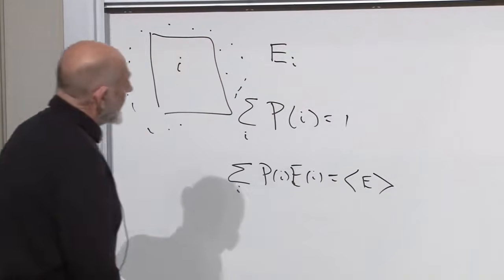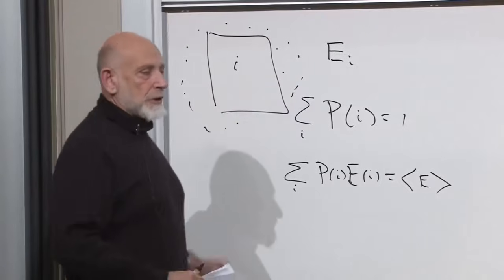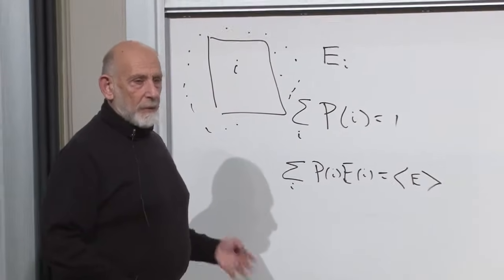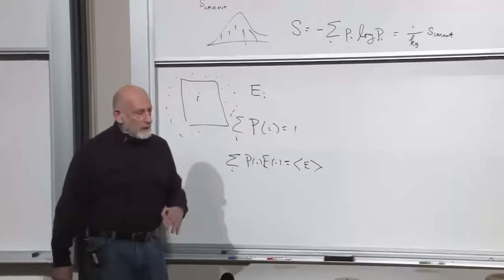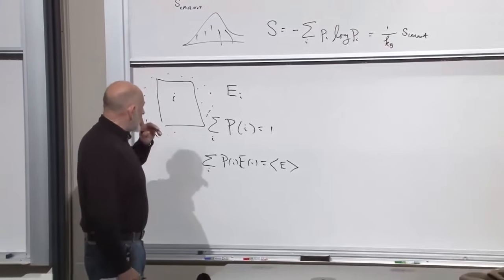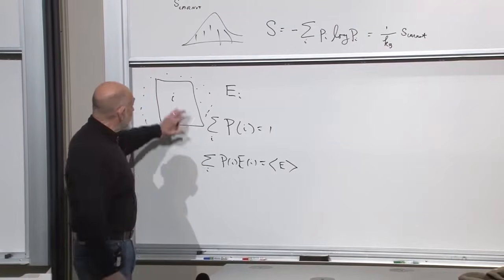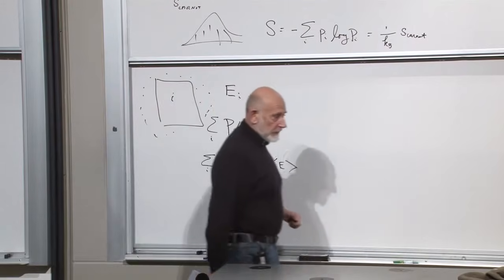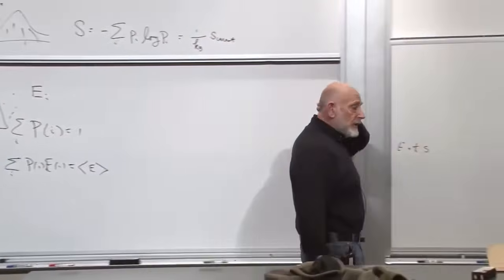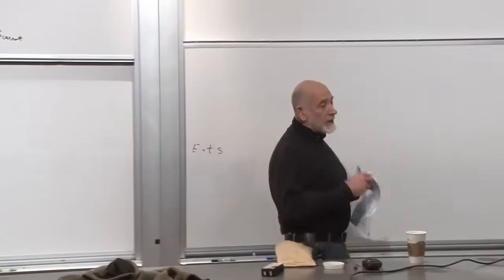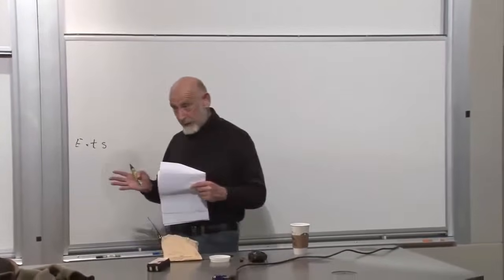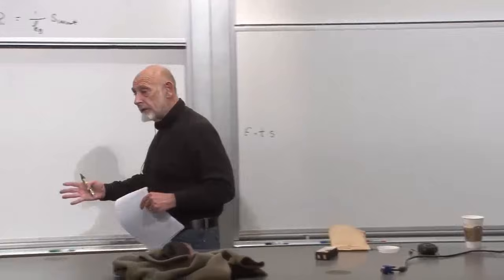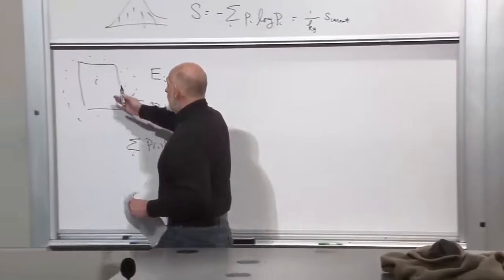Okay, now, what is the probability distribution P of I? What does it depend on? Well, first of all, mostly what it depends on is the average energy in the system. Now, the average energy may depend on the nature of the environment. If the environment is very hot, the average energy in here may be high.